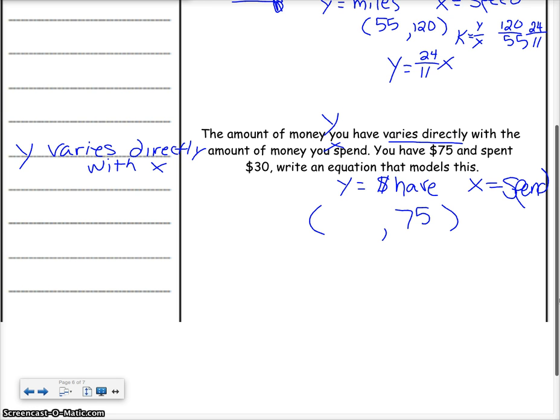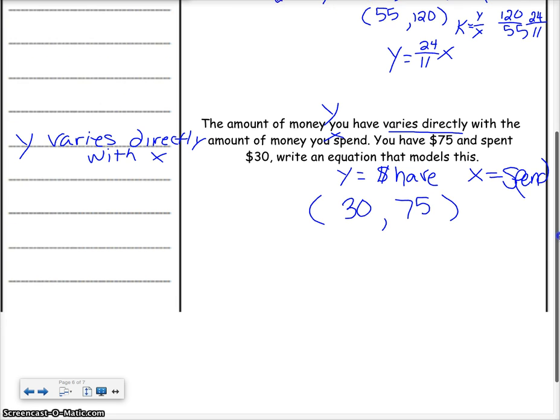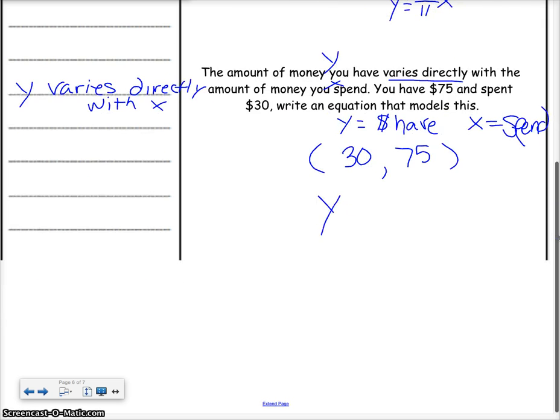X. Then I figure out Y equals blank X. K equals Y over X, which is 75 over 30, which needs to be simplified. Divided by 3, 15 over 6. Divided by 3 again, 5 over 2.